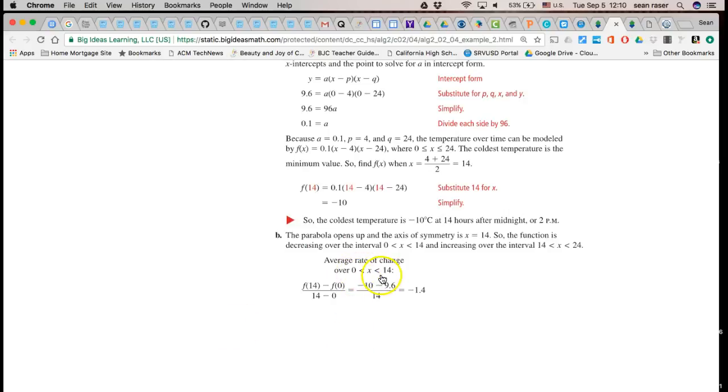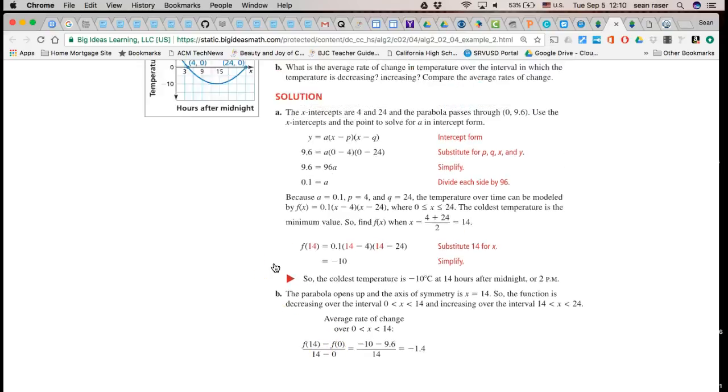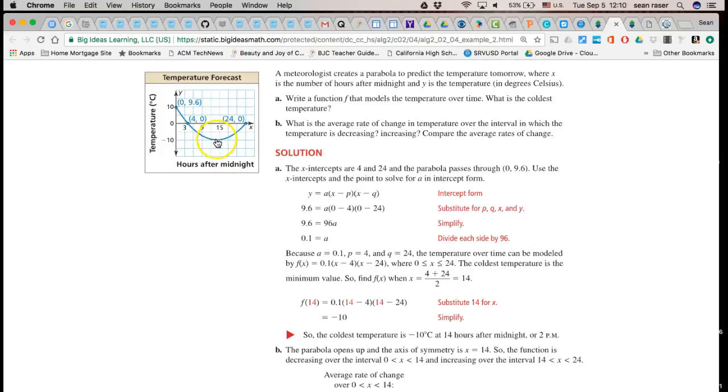So between 0 and 14, we're going to take the slope. f of 14 just means the y value, and f of 0. So we're taking the y value at 14 minus the y value at 0 divided by 14 minus 0. Again, if you look up, we've got our vertex, which is at 14, negative 10, and our initial point, which is at 0, 9.6.